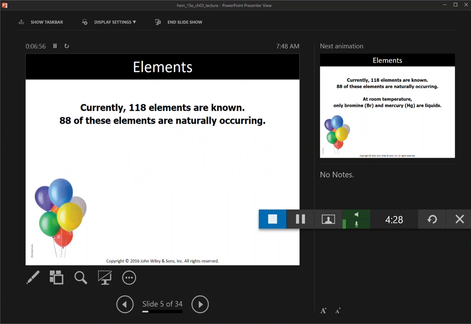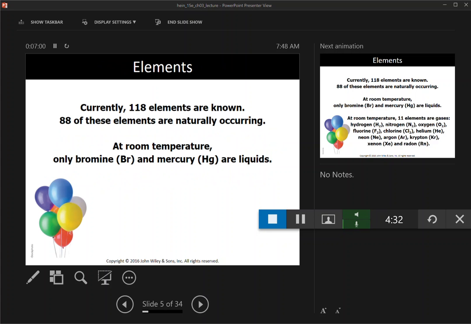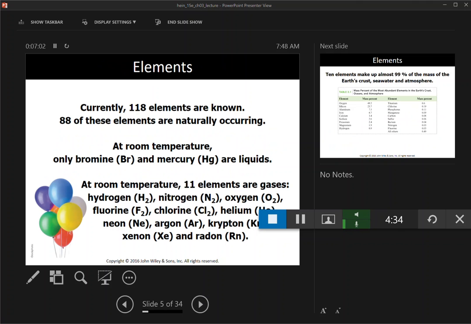Now, currently there are 118 elements that are known. Out of that 118, 88 of those elements are naturally occurring. The rest of them are man-made. So a couple of facts about elements. Two elements that are found liquid at room temperature are bromine and also mercury.